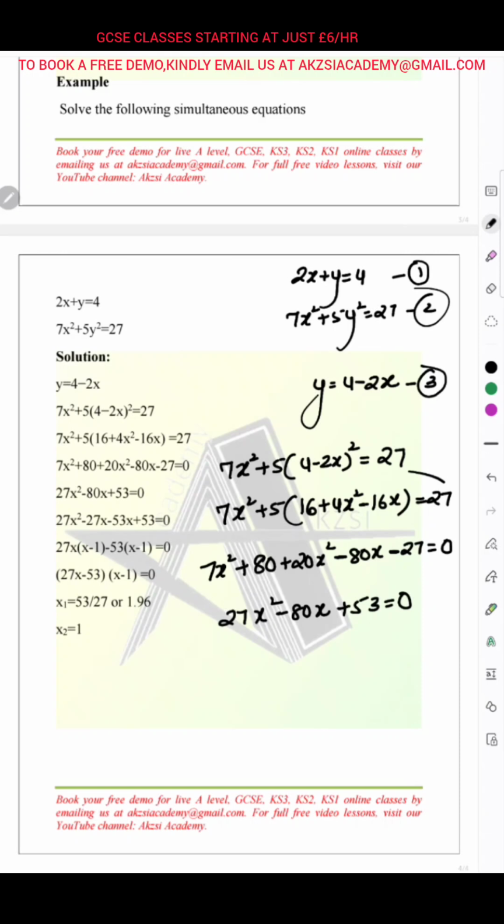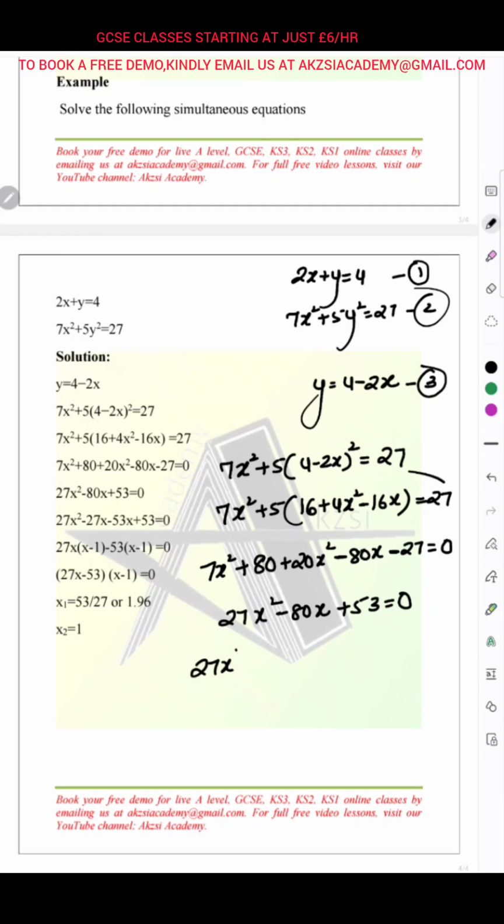Now I can't take anything out as common in this case, so this can be done by the simple quadratic factorization method. The product should be 27 times 53 and sum is minus 80, so we can clearly see these two numbers are there right in front of our eyes. That means minus 27 and minus 53 itself.